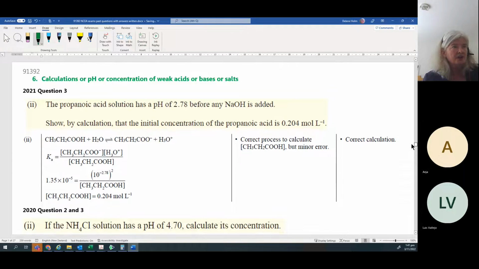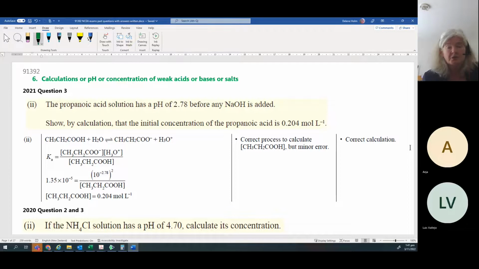Let's go down now to the calculations. This is an achieved or merit level question, a straightforward type of question. This is like the solubility equivalent, where you've only got a weak acid or a weak base. It's like you've only got that insoluble substance in water. So it's a single substance and nothing else affecting it.